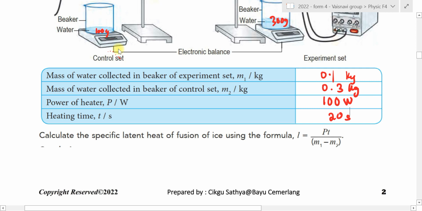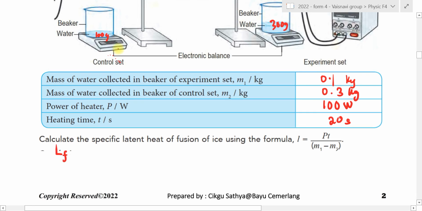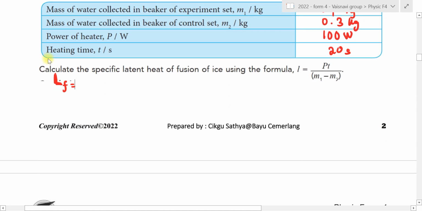Okay, formula dia macam ni. Latent heat of fusion, dia punya formula biasanya ml. Tak apa. Q equal to ml.